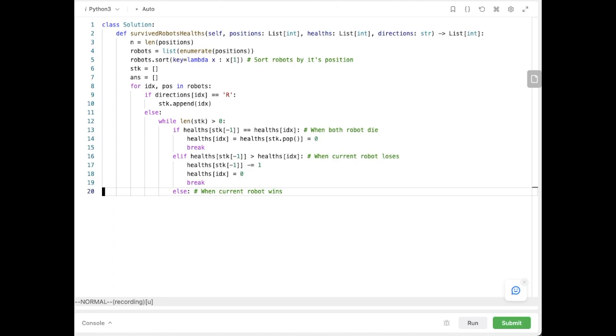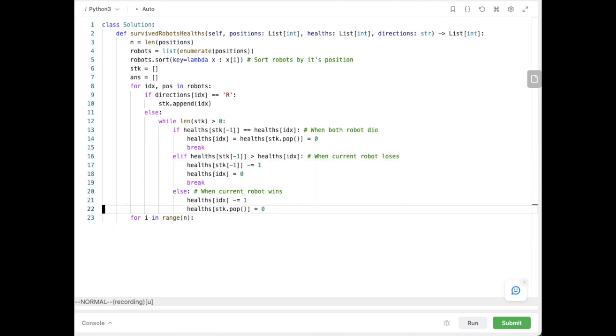And otherwise, if the current robot actually wins, then the health of the current robot will decrease by 1, and then we also have to pop the stack because that robot died, and its health becomes 0. And notice here we don't break the loop because we have to keep considering until the stack becomes empty or until the current robot dies.